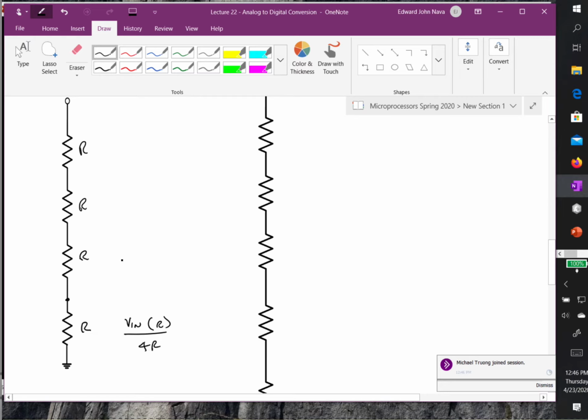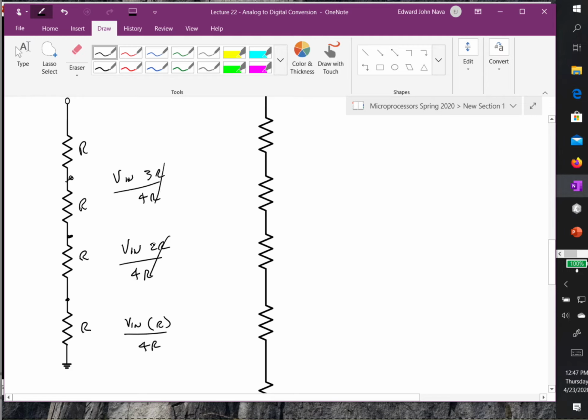This point, relative to ground, is Vin 2R over 4R, so this is Vin over 2. This is equal to Vin 3R over 4R. Of course, the R's cancel. So this is Vin over 2, and this is Vin over 4.